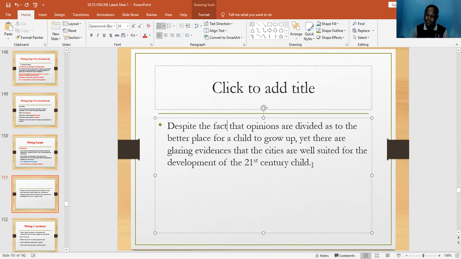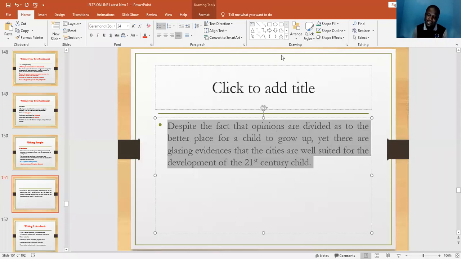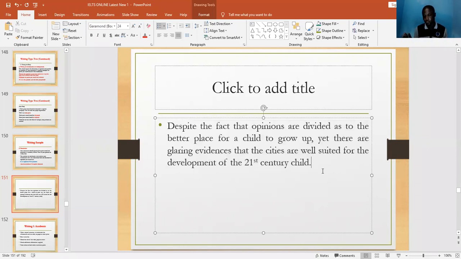Okay, so I have captured the question and vividly stated my position. So I have done the first task.